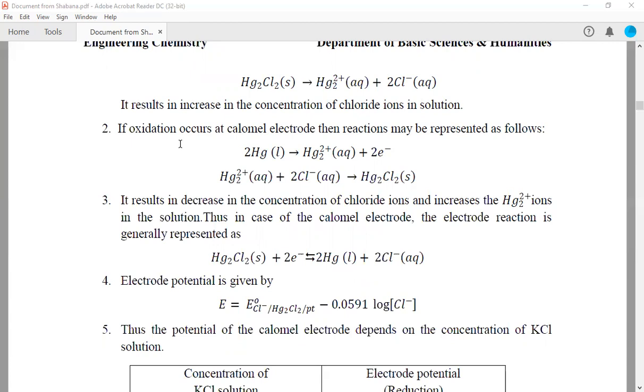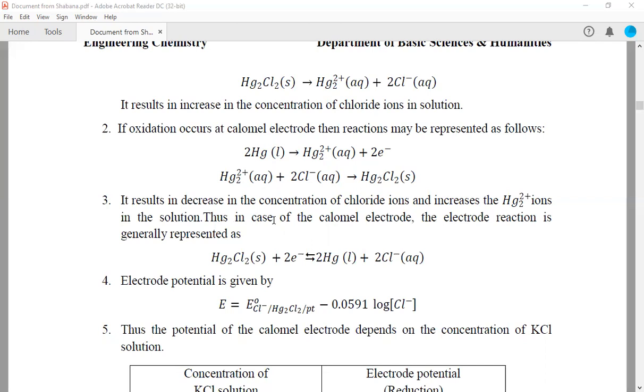Suppose oxidation occurs at the Calomel electrode, then the reaction may be represented like this. Hg, which is in the liquid form, that is pure Hg, undergoes ionization and is converted into Hg2 2+ with the liberation of 2 electrons. This Hg2 2+, with the help of the chloride ion present in the solution, is converted into Hg2Cl2.